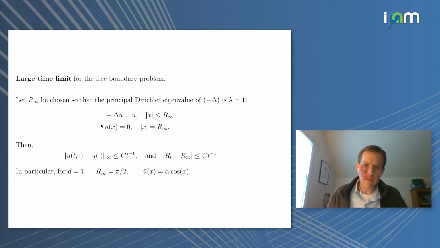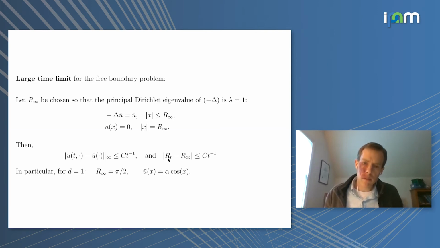For that value of R, R infinity, and with U bar normalized to have total mass 1, we can prove that the solution to the free boundary problem converges uniformly to U bar, and the error is of order 1 over t.